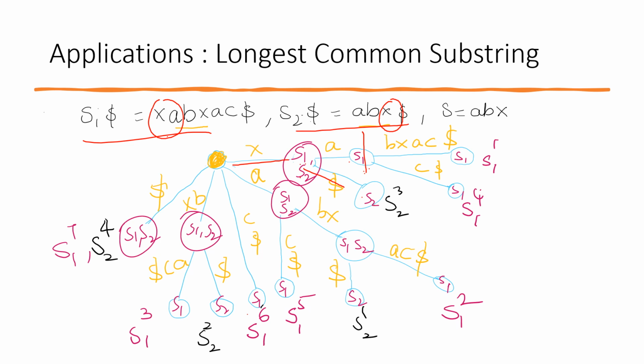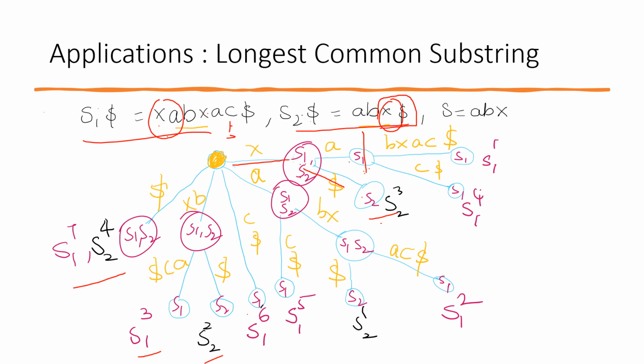XS belongs only to S2 because there is no terminating symbol dollar after X. Similarly, we label everything that belongs to S1, S2, or both.